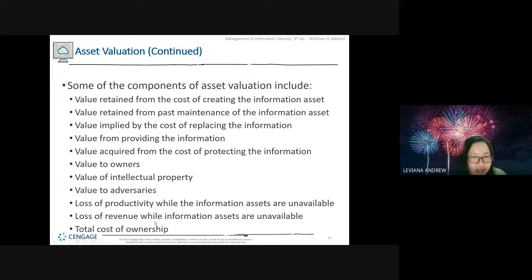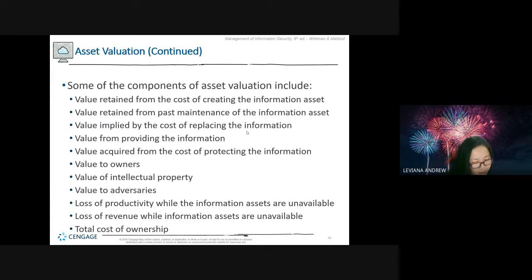Number three, the value implied by the cost of replacing the information. This is the cost associated with replacing the information. It includes human and technical resources needed to construct, restore, or regenerate the information from backups, independent transaction logs, or even hard copies. Value from providing the information.